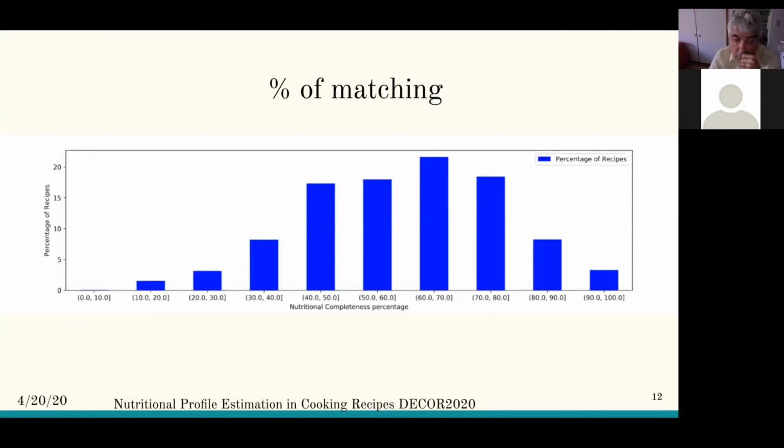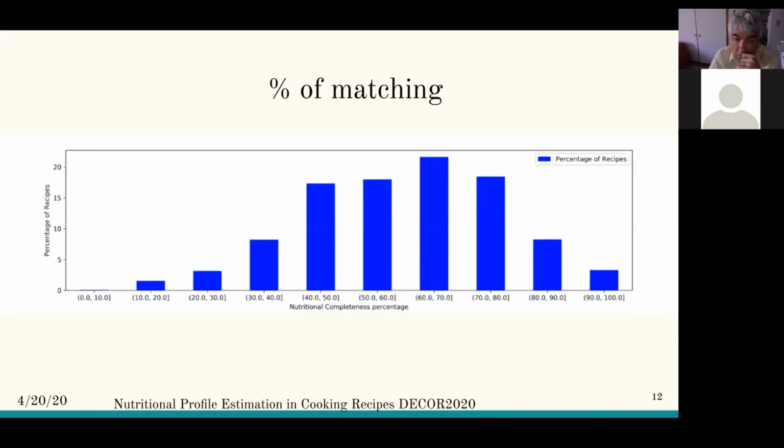And an important question to be raised here is, why aren't yield values considered, and why aren't cooking methodologies considered? That is something that needs to be worked on. But since there is no good source of yield values, and there has been research stating that these cooking methodologies do not change nutrition values by a significant degree, and we see that in our computations.